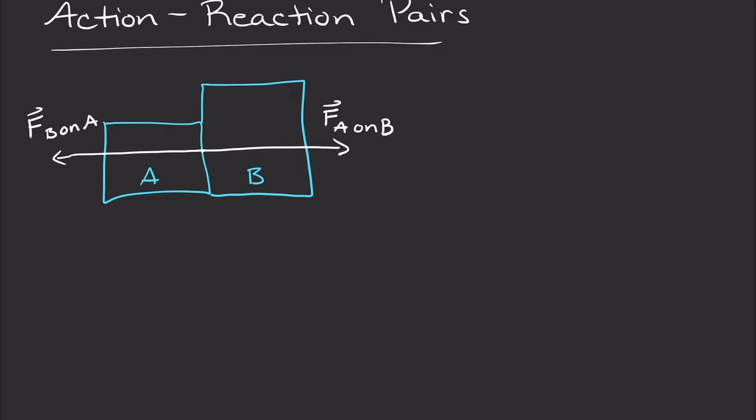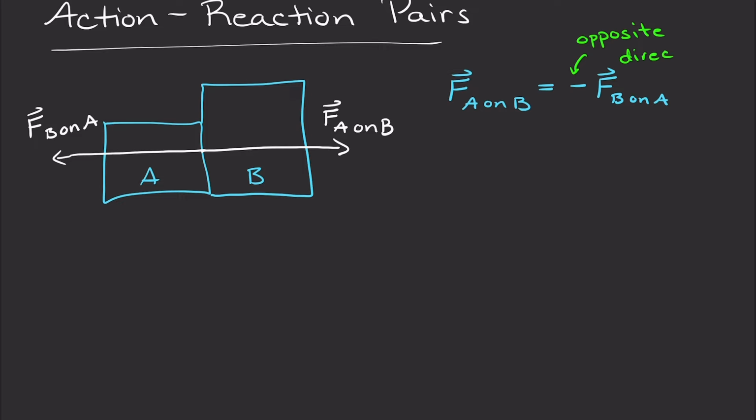Now, the relationship with these is that they're equal and opposite. So this may be written as F A on B is equal to minus F B on A. This minus sign just refers to the fact that they are in the opposite direction.